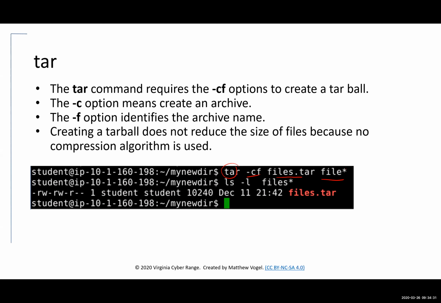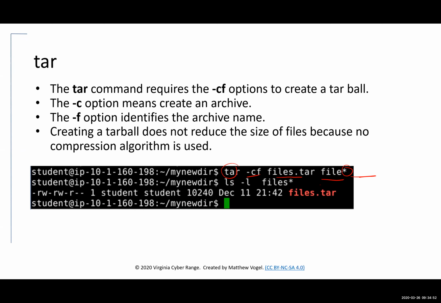So file and then star. And if you recall, the star is a wildcard character. So anything, file and then whatever follows that, all the files that have that naming format are going to get dumped into this tarball. And then if you do an ls, you'll see that there's the files.tar thing there.